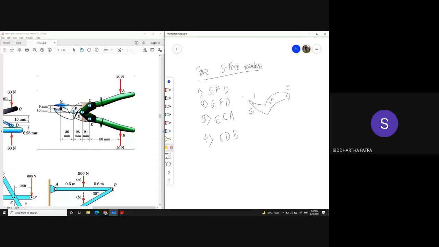So the plane on which the wire rests, so this is the plane, and that's where the cutting force would be applied.